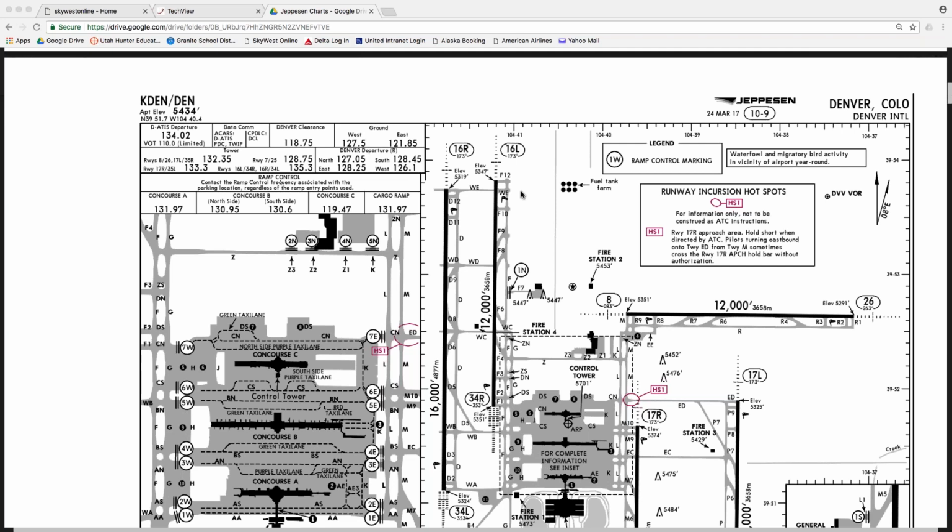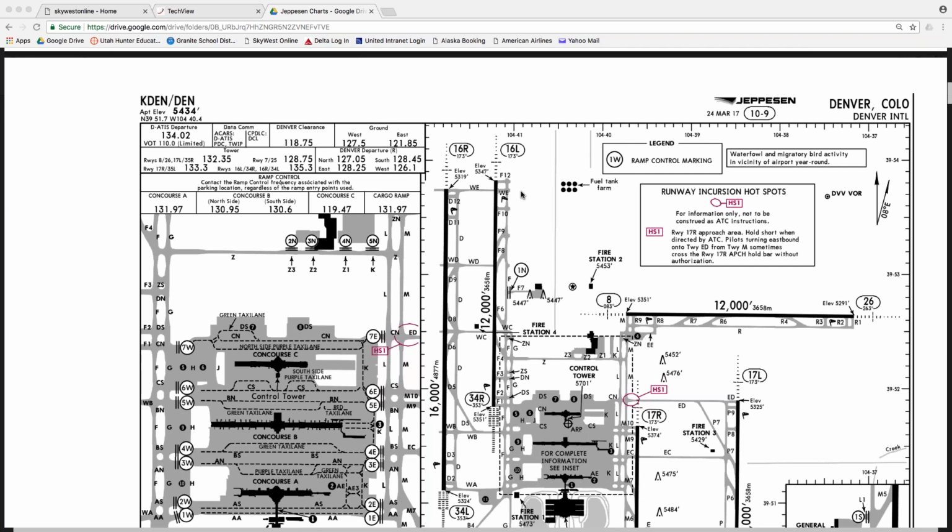Everybody got it now? That's to figure out ISA. That being said, 4 degrees C at Denver. What is our actual temperature at Denver? Where do we find that?